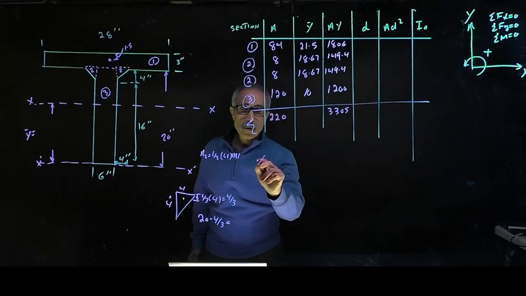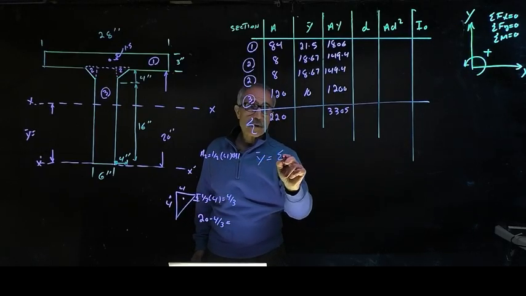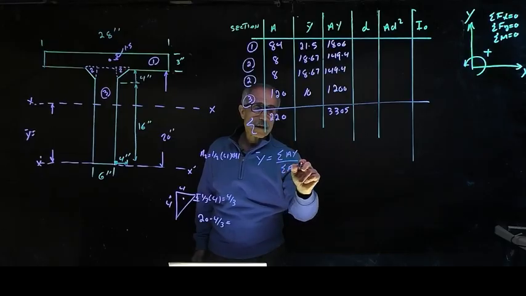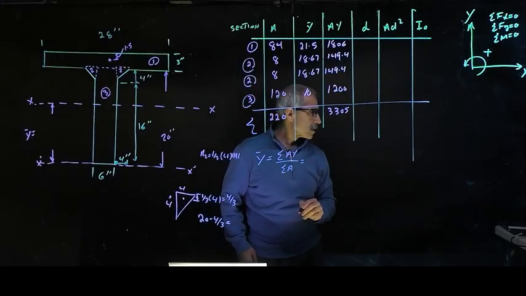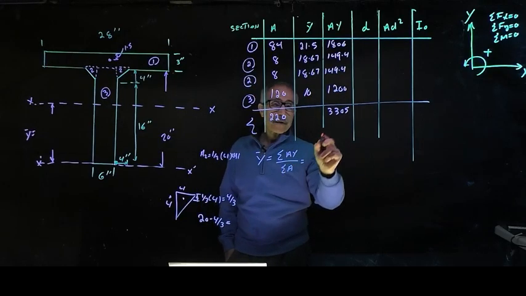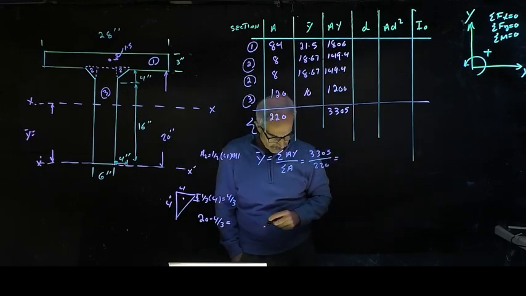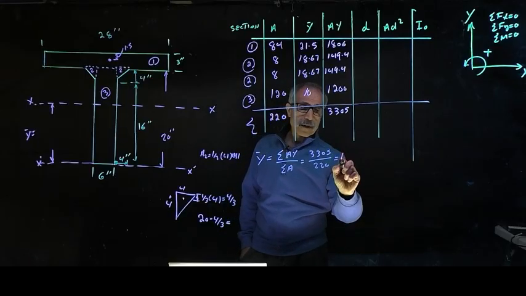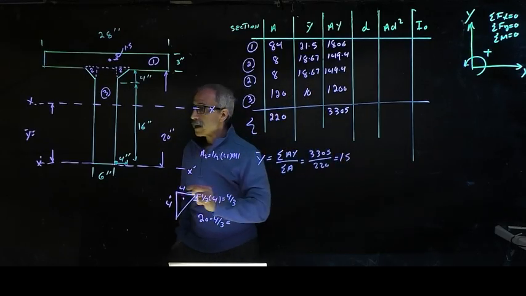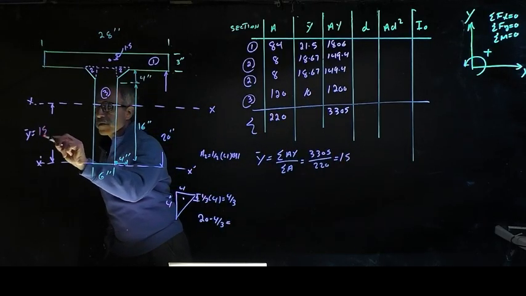And we know the big y bar is the summation of Ay divided by the summation of A, which is 3305 divided by 220. I think that comes out to 15. Yes, it did. So that's equal to 15, and right here we have 15.